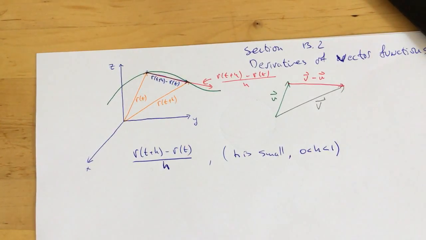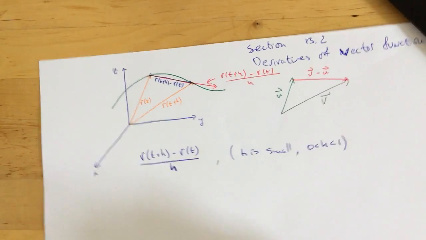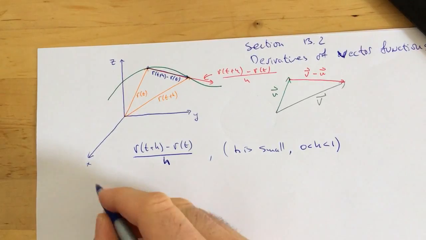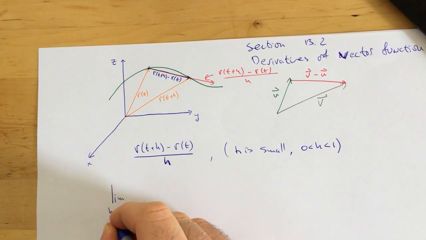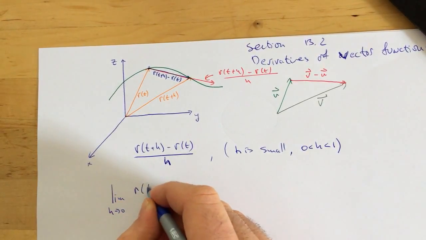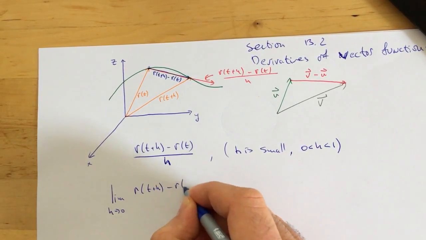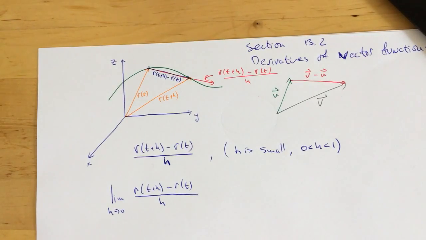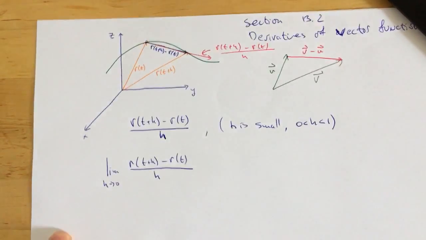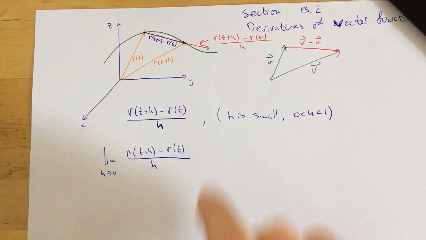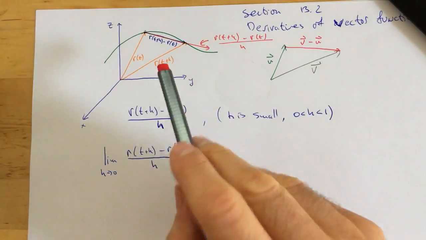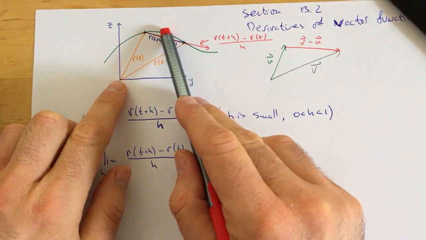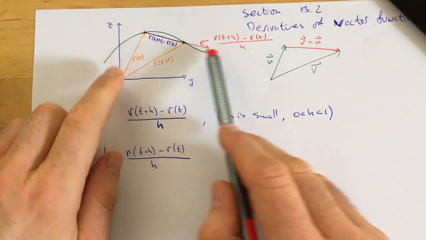Now, as you might assume, what do we want to do? We want to find the limit of this as h goes to 0. I want to see the limit of r of t plus h minus r of t, over h, as h goes to 0. Graphically, that means that as h goes to 0, r of t plus h is going to get closer and closer to r of t.